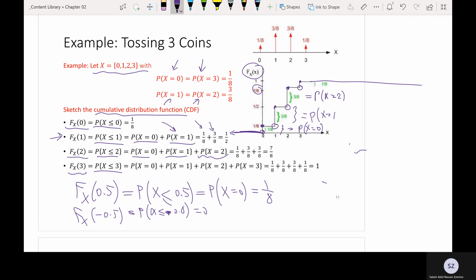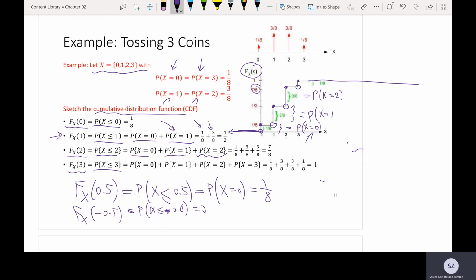We went through the whole function and ended up with what we call a staircase function that is continuous from the right. And the amount of jump at every value is equal to the probability of that value.